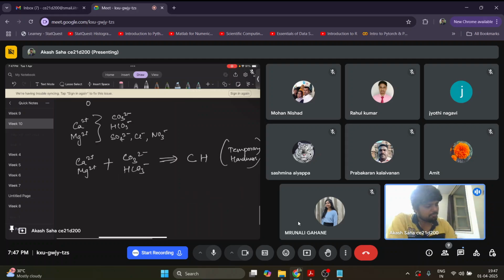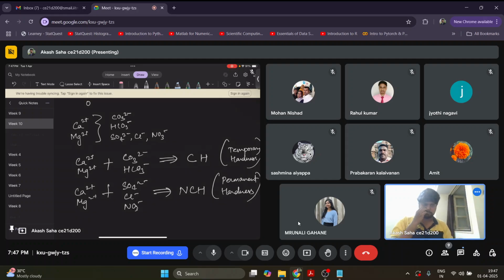If my calcium and magnesium is combining with sulfates, chlorides, or nitrates, I will call it non-carbonate hardness. So that is my permanent hardness. Is it clear up to here?